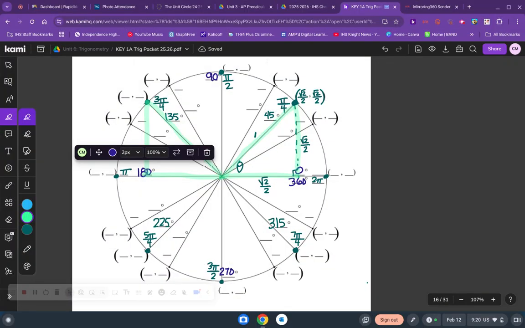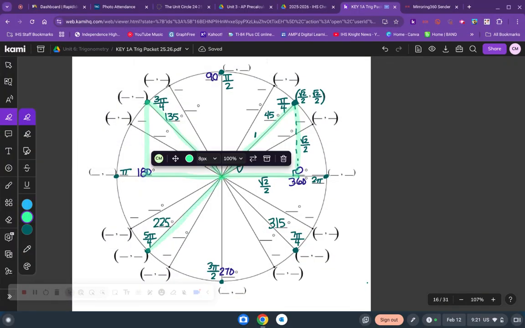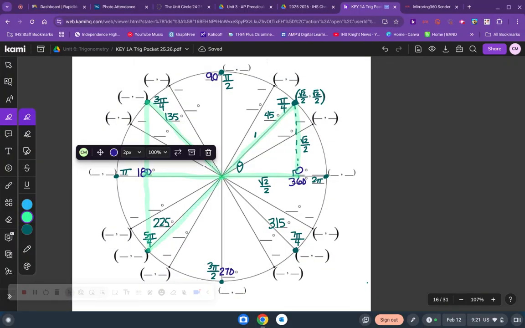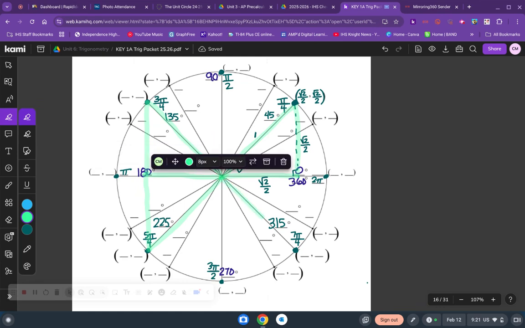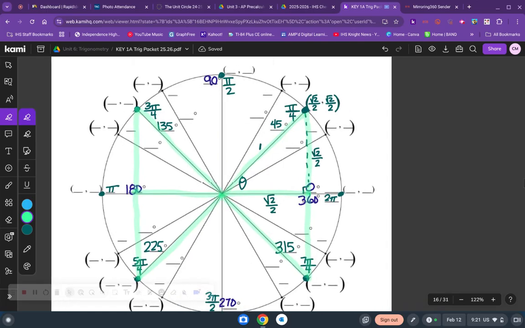If all of these triangles that form, and you don't necessarily have to draw this on your circle, but just to give us, since I can erase mine easily, I'll show it to you, the butterfly effect. So these are all the 45-degree angles around the circle, and they're all going to share those same coordinates. They're just going to change signs, like positives and negatives, depending on where they are.